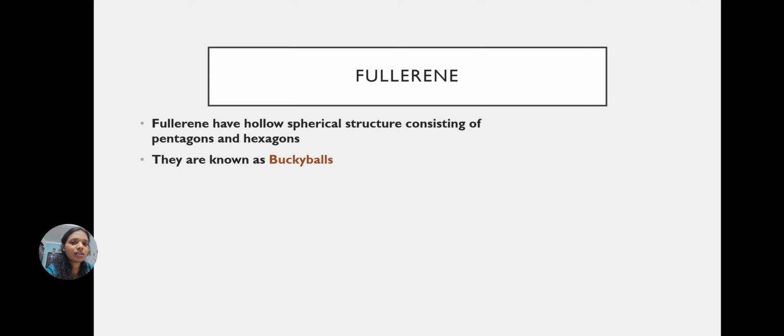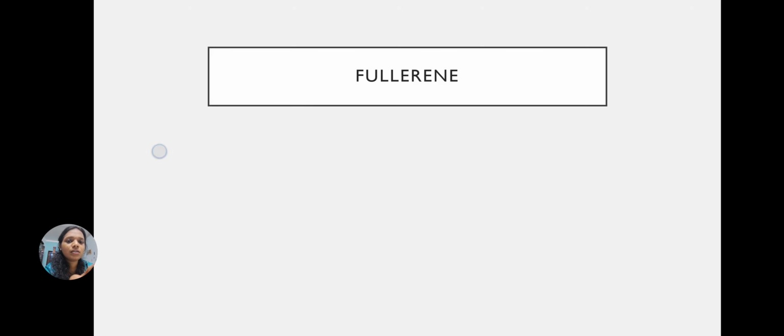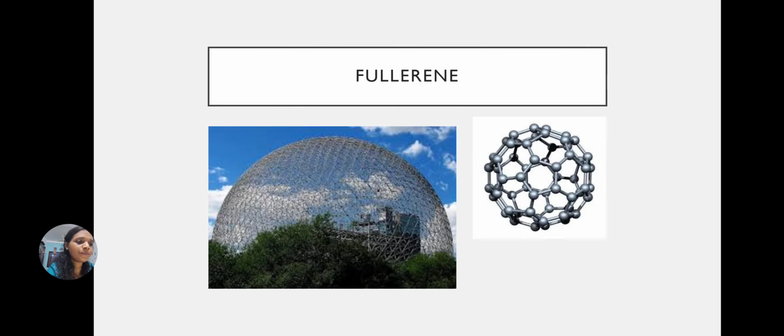Fullerenes are an interesting family of carbon allotropes. The first fullerene was shown in this diagram. This name was after Richard Buckminster Fuller. He did not synthesize the first fullerene, but was an author, inventor, and architect.